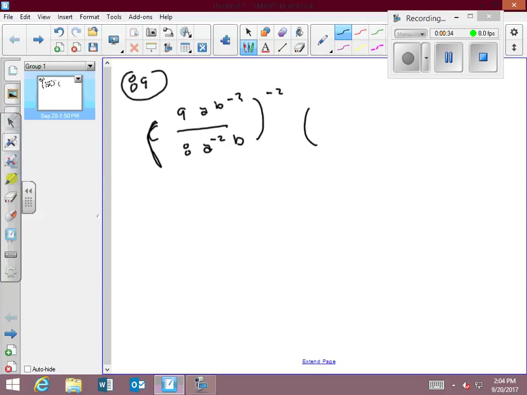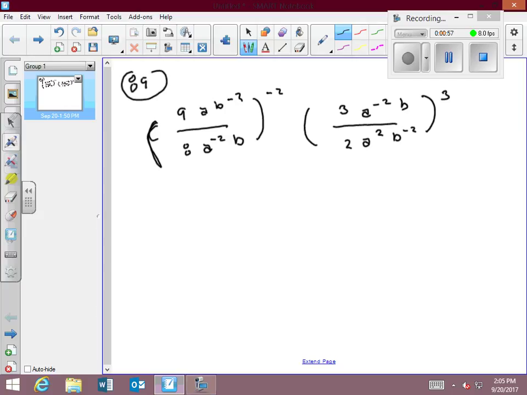And then it's times 3a minus 2b over 2a squared b to the minus 2. And that's to the third power.